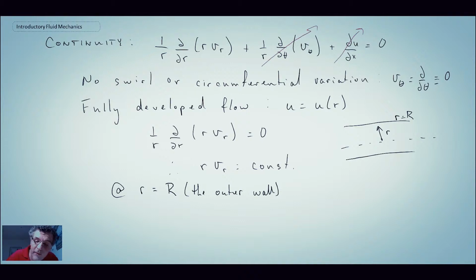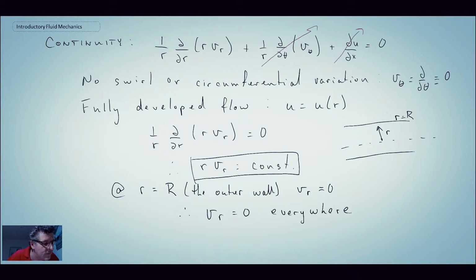At that point, the velocity in the radial direction, the no-flow boundary condition, is equal to 0. With v_r at the wall equal to 0, that tells us the constant is 0, and therefore v_r equals 0 everywhere in the flow. That reinforces the notion that u is equal to u of r only. So that's what continuity tells us.